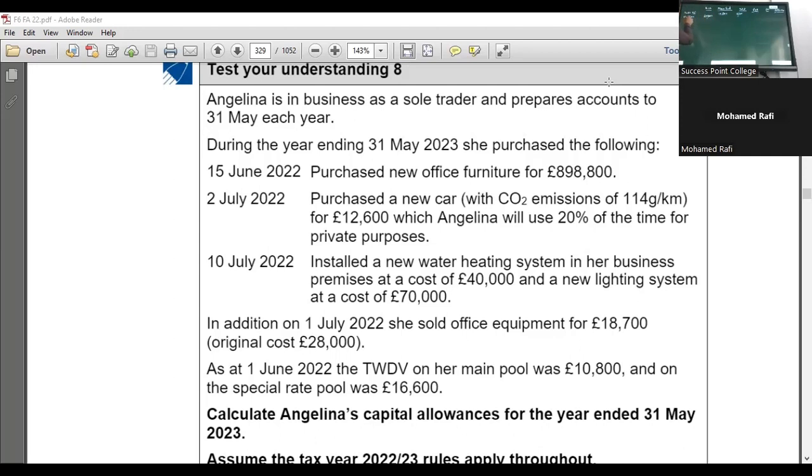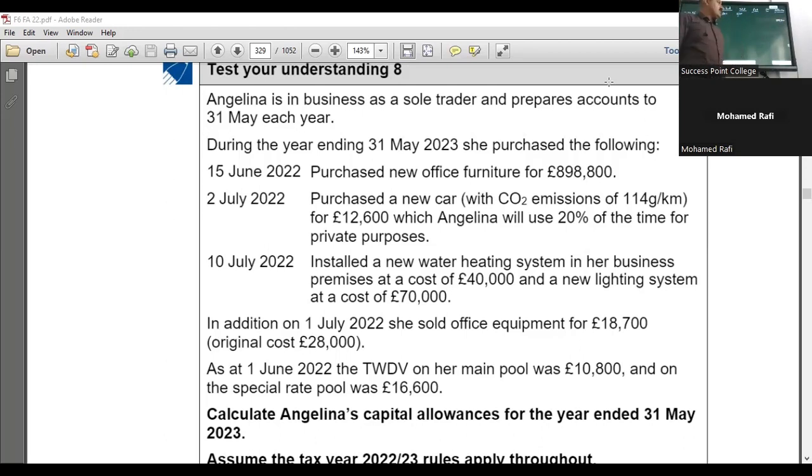We will claim annual investment allowance. The whole can be claimed, 898,800. So nothing will be left. All is included in the allowance column. That is called AIA. Right?